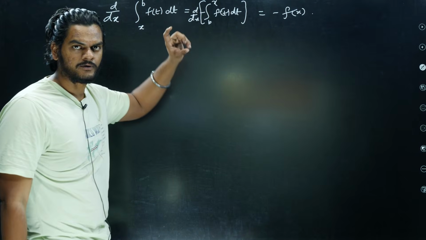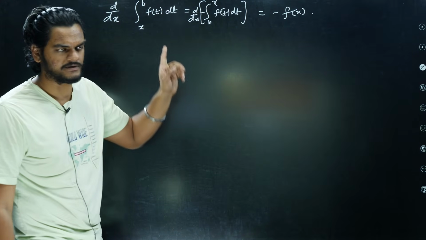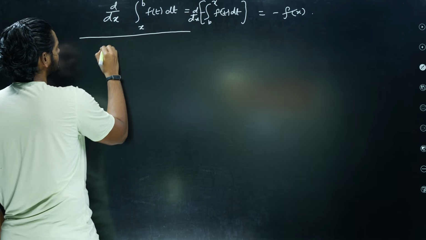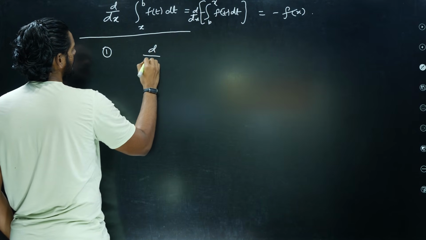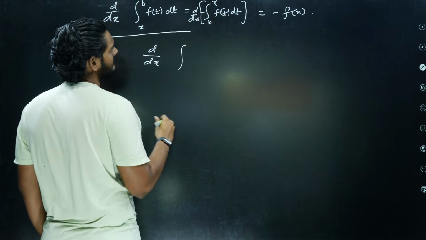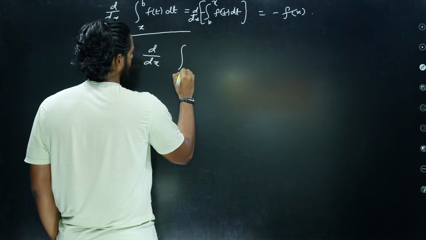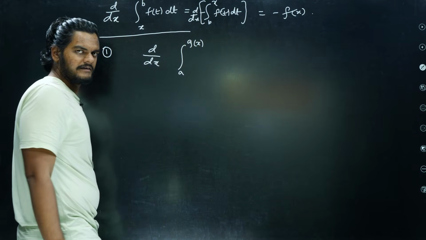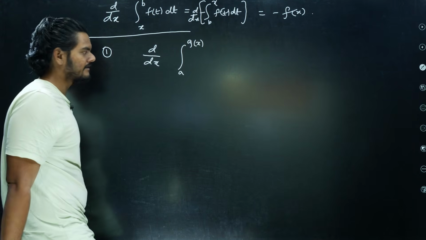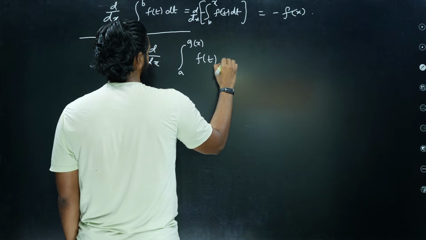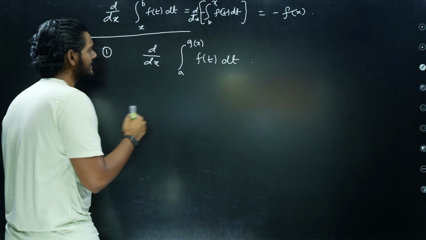We saw this in the rules of definite integration. Now think about this: dy/dx of integral, instead of x I will take some function of x, a to g of x, f of t dt. So how do we differentiate this?